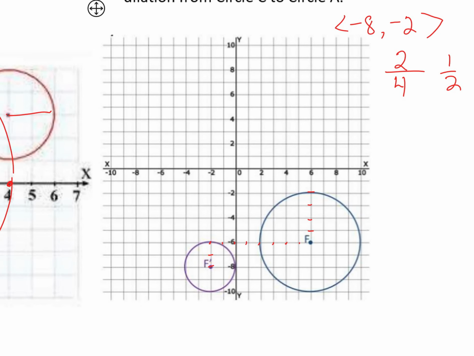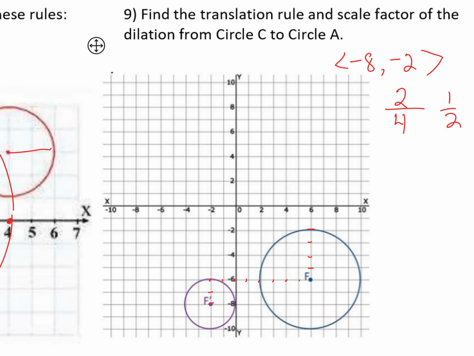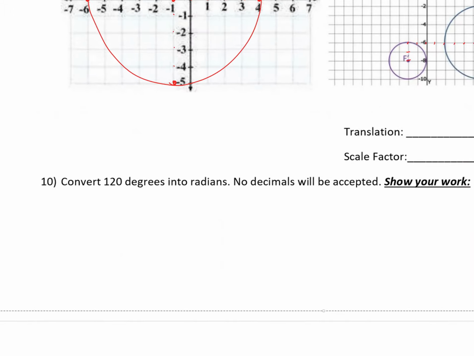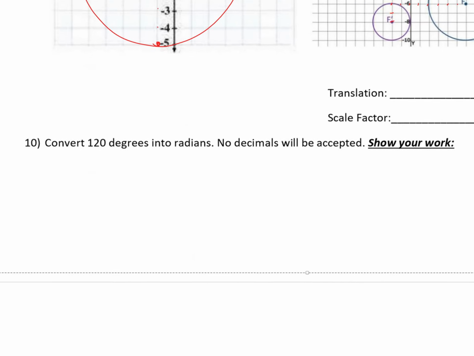Okay. All right, I'm just noticing those aren't labeled, but they've got F and F prime. They don't call them circle C and circle A.